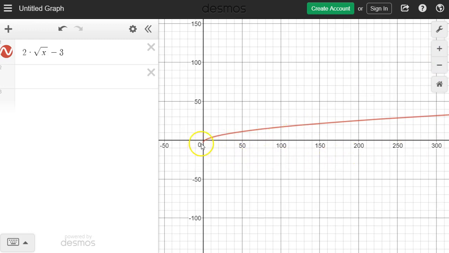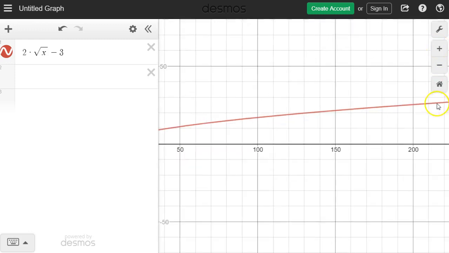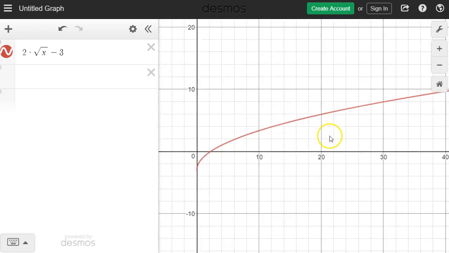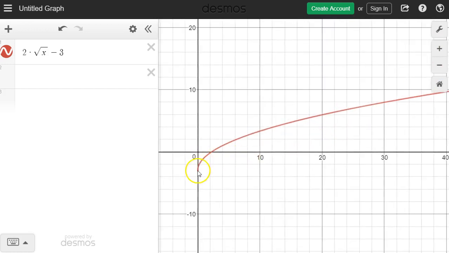It goes from 0, zoom in again, it goes from 0 to infinity. So that's the domain. Horizontally, we can see it goes from 0. The inputs go from 0 to infinity. So that's the domain, 0 to infinity.